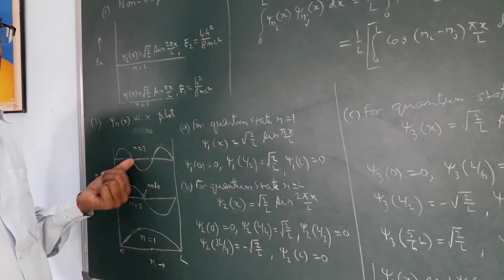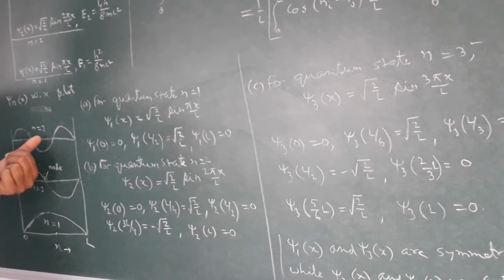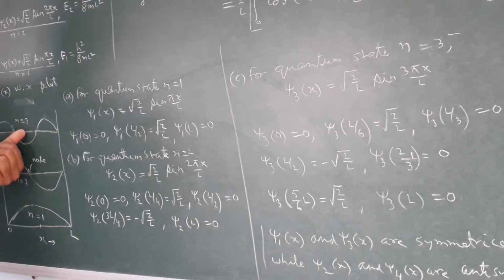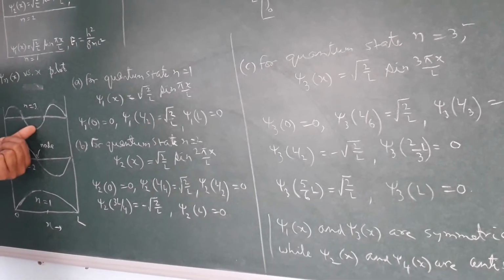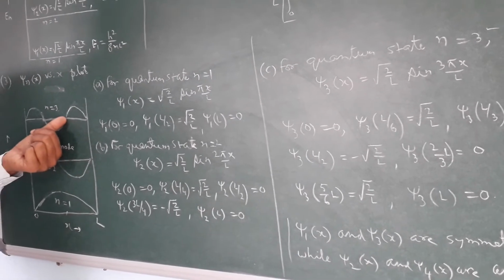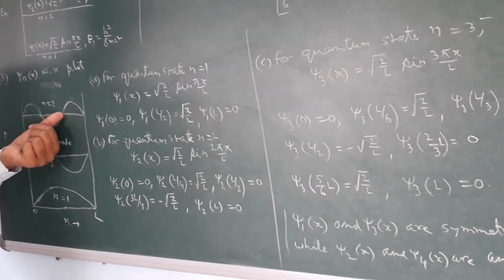Psi 3 at L by 3 equals 0. This is also a node. Psi 3 at L by 2 equals minus root over 2 by L, a minimum, and psi 3 at 2L by 3 is again 0.